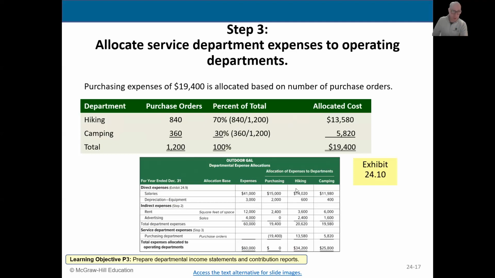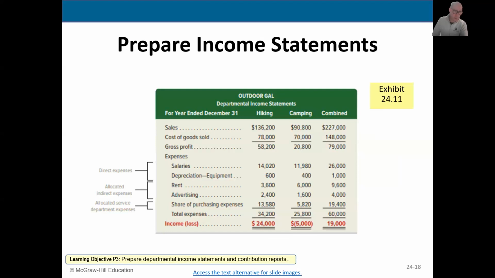You'll notice here toward the bottom, we've allocated the direct and indirect expenses and the service department expenses. So to put it all together, it looks like this. The two departments.